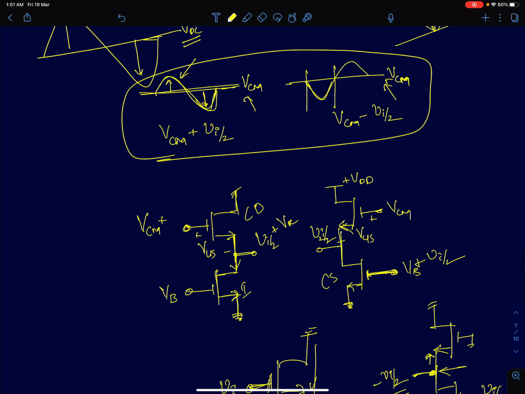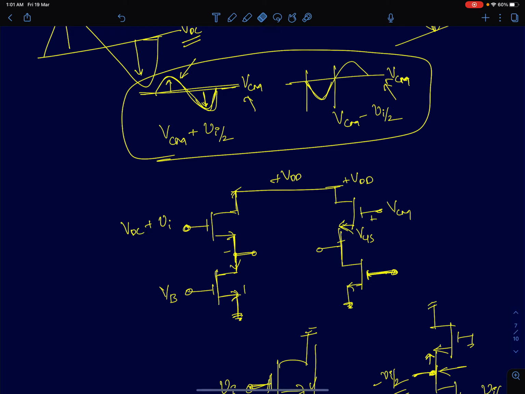So shown here is one very simple circuit to do that. What I'm going to do here is that I have taken two identical circuits which are going to operate on the same supply voltage, and I'm going to feed the input signal Vi to this with some DC, VDC, and similarly I'm going to feed the same signal here with some VDC, this can be a different VDC1 plus Vi.